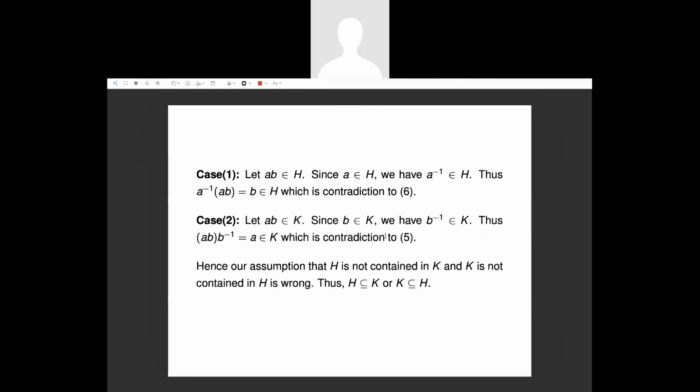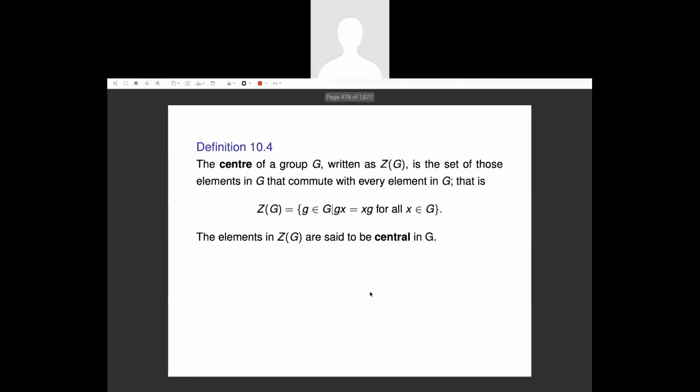This means our assumption that H is not contained in K and K is not contained in H is wrong. So either H contains K or K contains H. This completes the proof of this theorem.